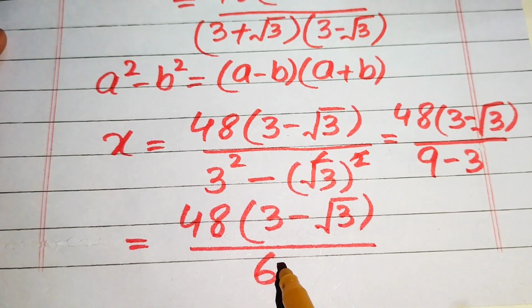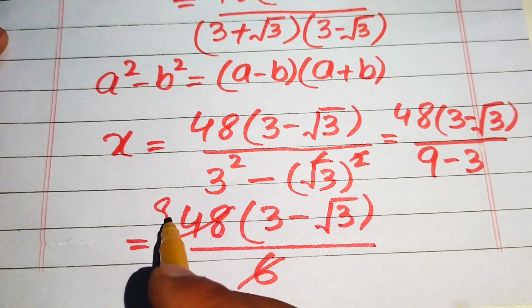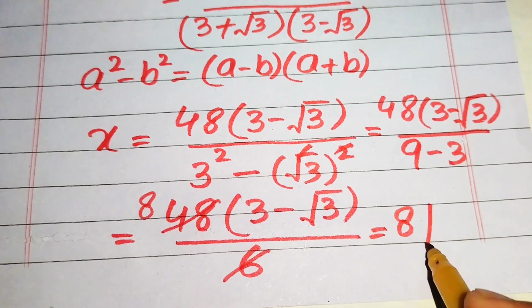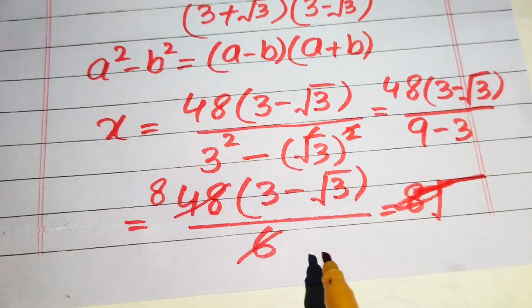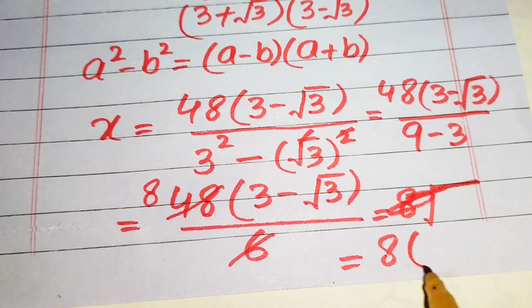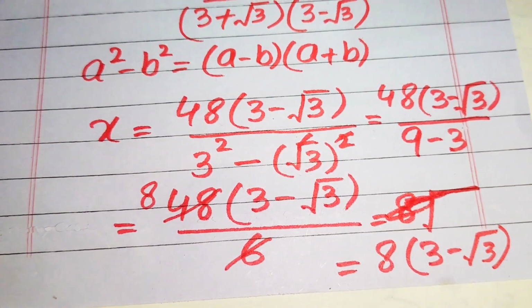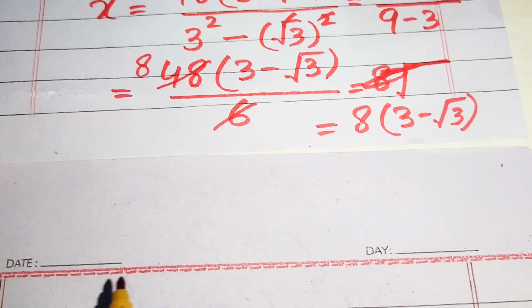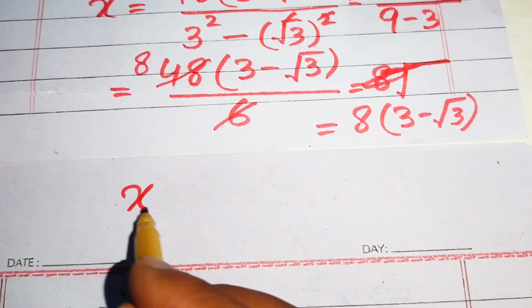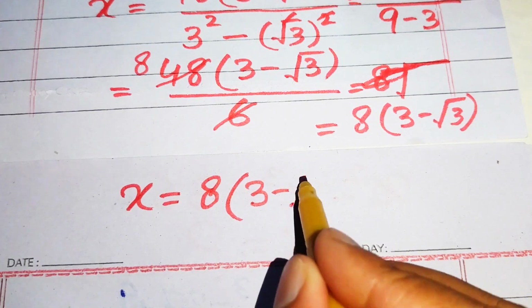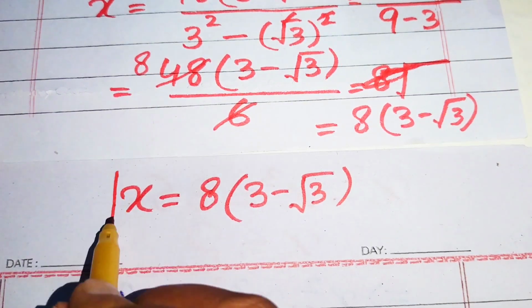So here we cancel these terms, since 6 8s are 48. So finally we get the value of x is 8 times (3 minus square root of 3). So x equals 8 into (3 minus square root of 3).